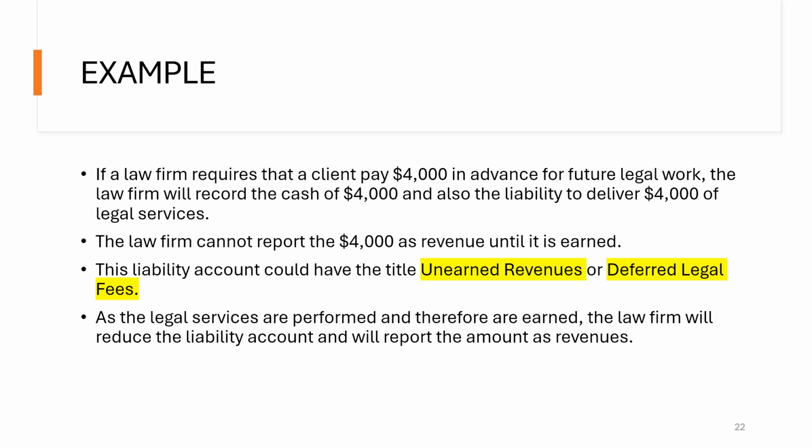This liability account could have the title unearned revenue or deferred legal fees. This shows the meaning of unearned revenues. As the legal services are performed and therefore are earned, the law firm will reduce the liability account and report the amount as revenue in due course.